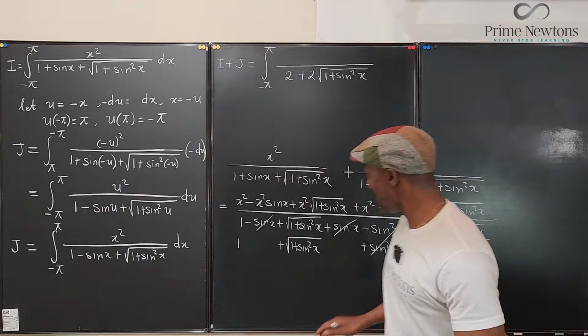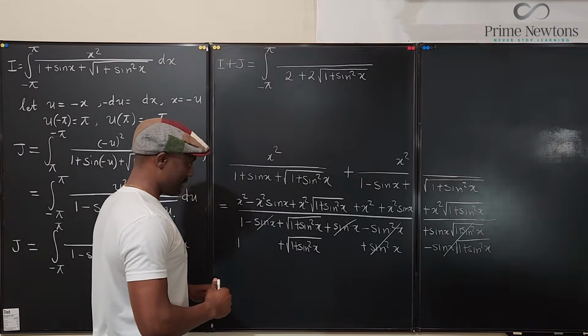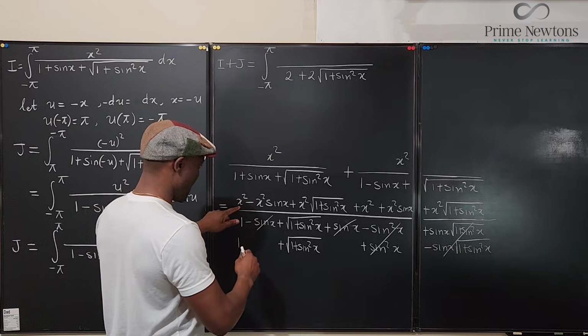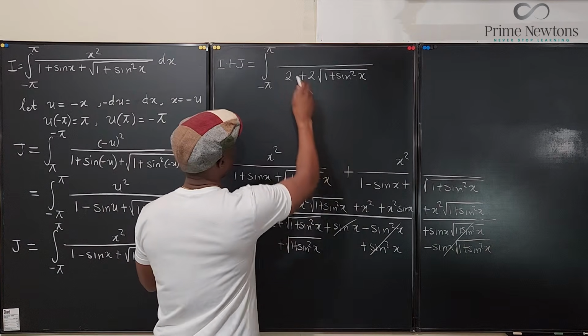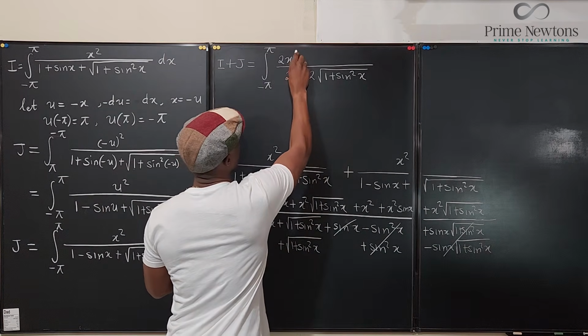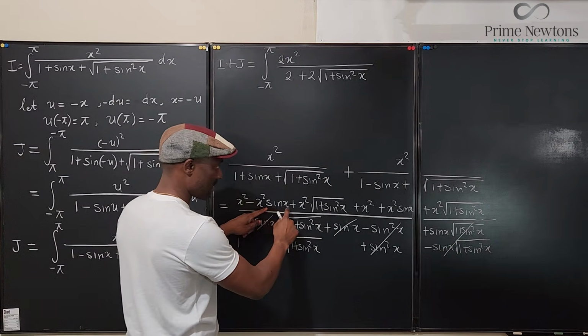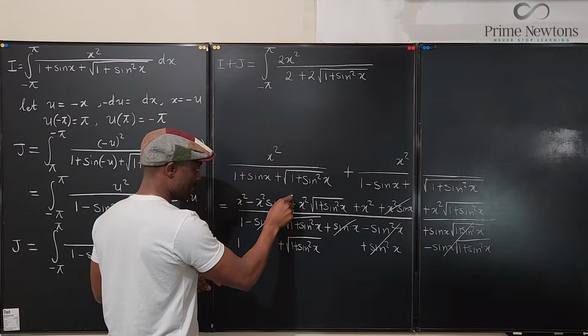Okay, now let's go to the numerator and see what we got. Well, it looks like we're going to have x squared plus x squared, which is 2x squared. Then we have minus x squared sine x plus x squared sine x. These two cancel out.